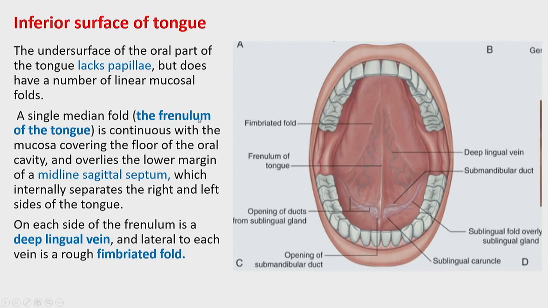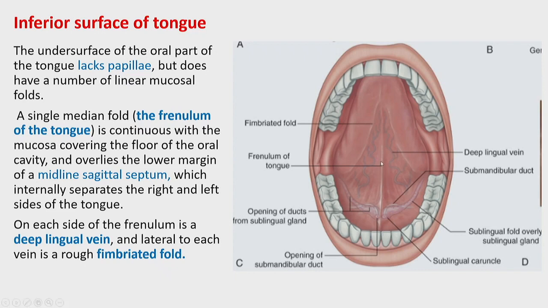The lingual frenulum is the continuation of the mucous covering from the floor of the oral cavity going to the ventral or inferior aspect of the tongue. If you continue in this midline deep, you will reach the midline sagittal septum that we said divides the tongue into left and right.